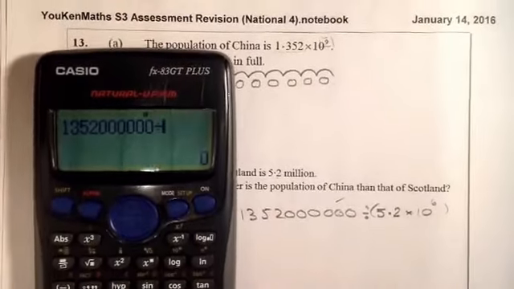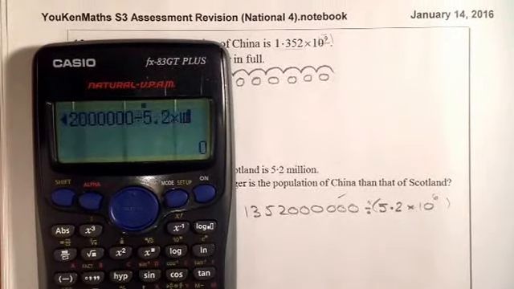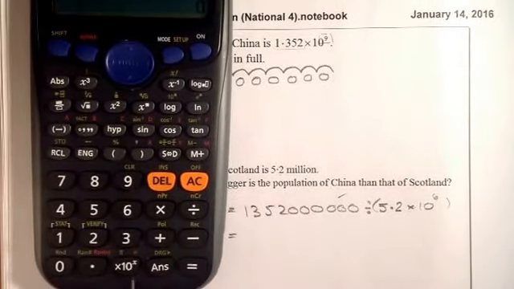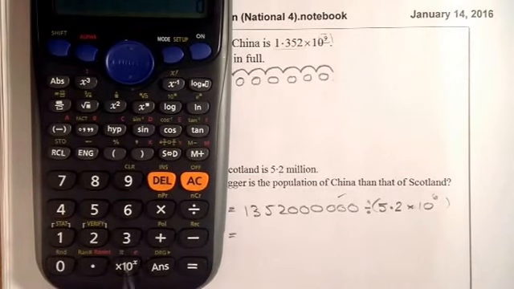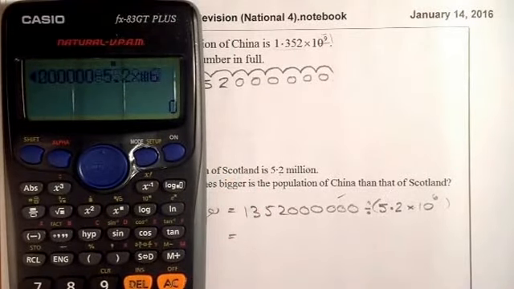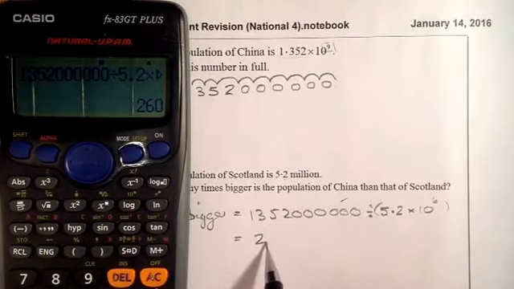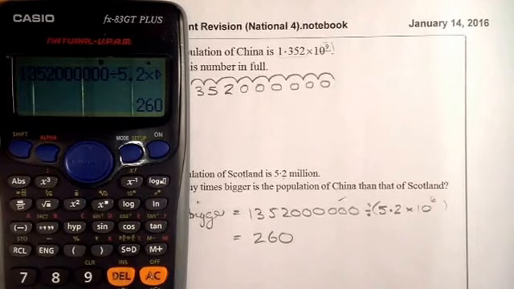So in the calculator, the way I can put that in is 5.2. The button down at the bottom here I'm using, so that's times 10 to the power, this one down here, and that's times 10 to the power of 6, and my answer there is 260. 260 is my answer.